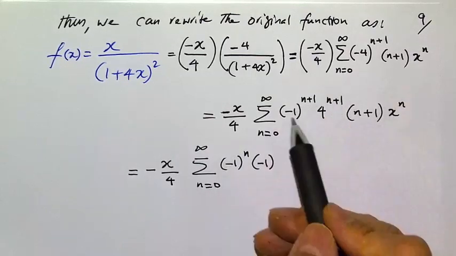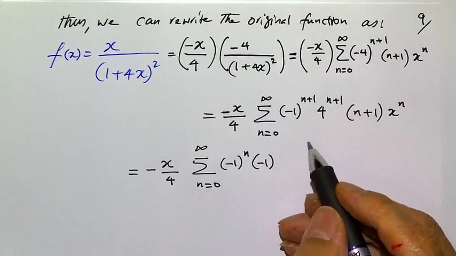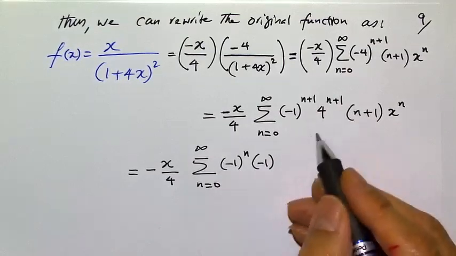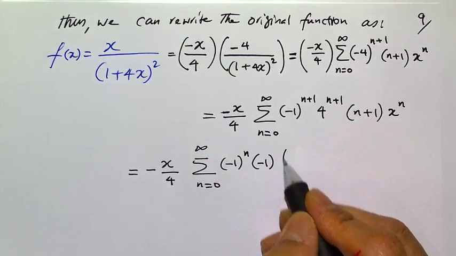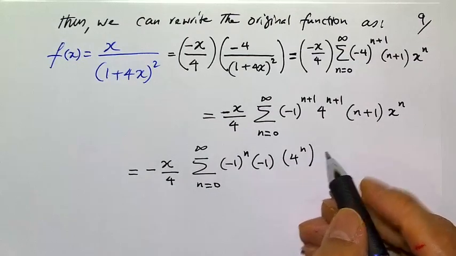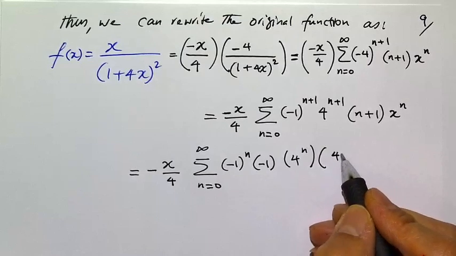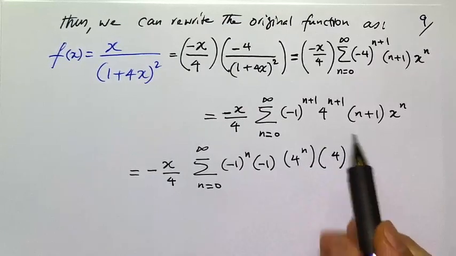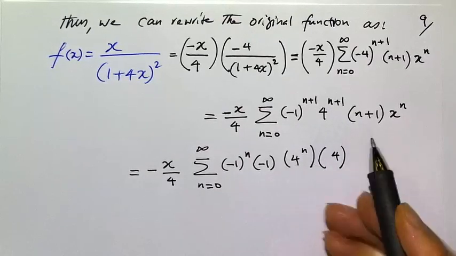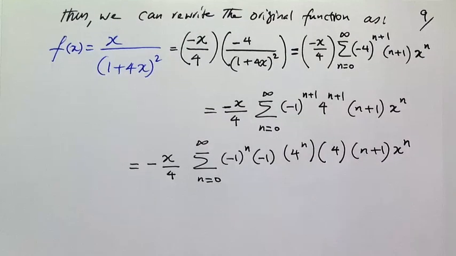I broke this up into 2 pieces because I want you to see exactly what happens before we simplify this. You probably don't need this, but I'm making sure that if anybody has any questions, they get them answered when watching this video. I did the same thing with this. I broke this up into these 2 terms, and then n plus 1 times x to the n power.